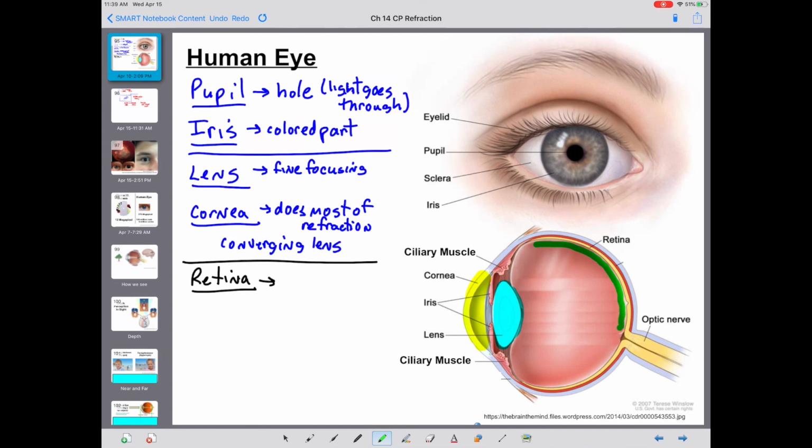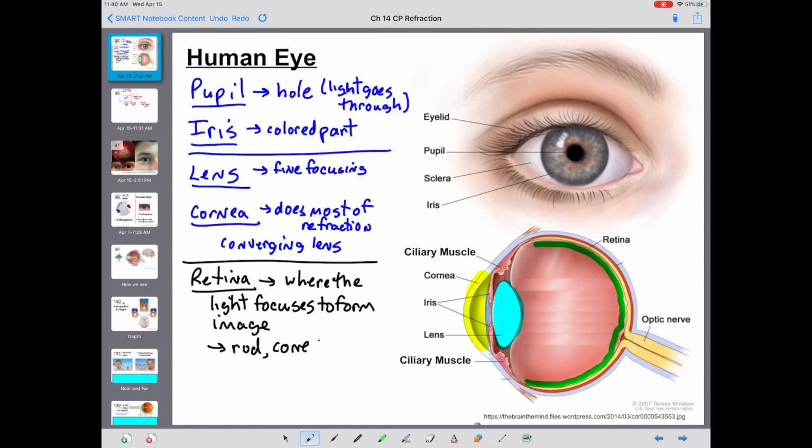This right next to the green line that I'm putting all the way around here, that is your retina, just to the right side or above or below that green line that I put. The retina is basically where the light focuses to be able to form an image.